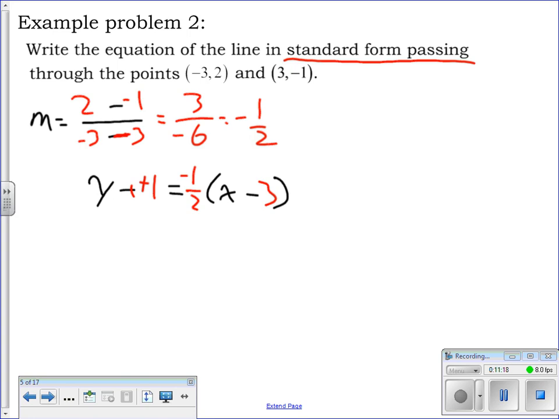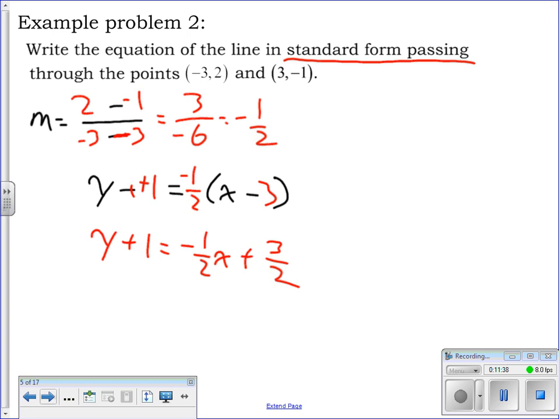First step, still distribute. So I get -1/2 x plus 3/2. Now comes the tricky part. We're not allowed to have any fractions or decimals in standard form.